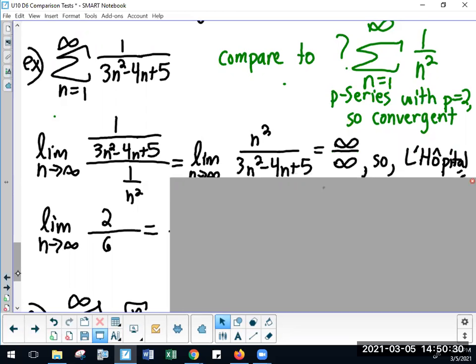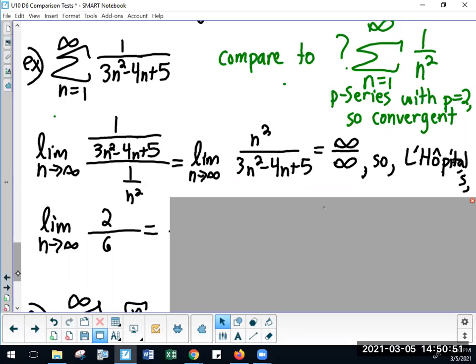Well, I'm pretty sure because I can write it using my division algorithm as n squared divided by 3n squared minus 4n plus 5, which is infinity divided by infinity. So I can apply L'Hopital's rule not once, because that's 2n divided by 6n minus 4, but twice, which gives me 2 divided by 6.